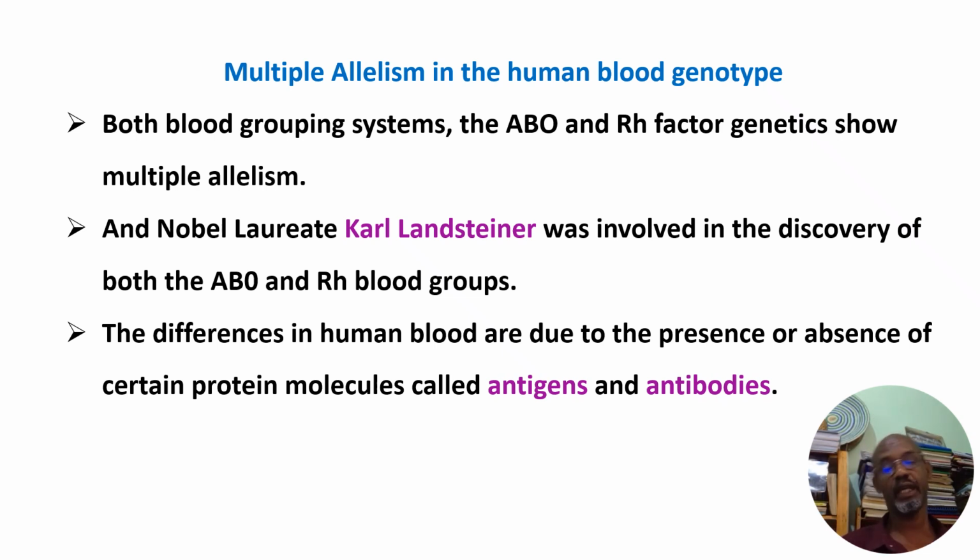If you have A type of blood, your red blood cell contains antigen A, but your plasma contains anti-B. It will not allow B type of blood to come into your system.